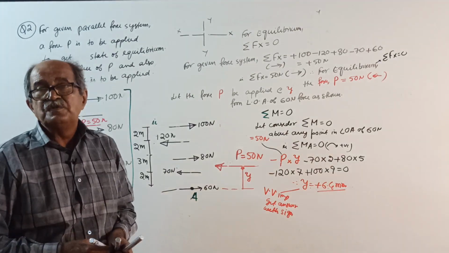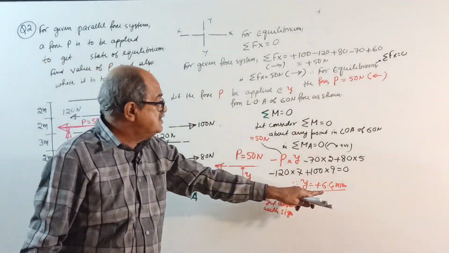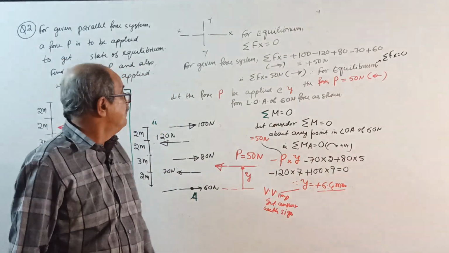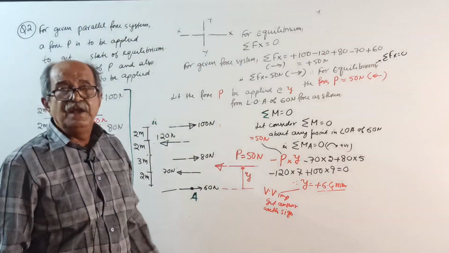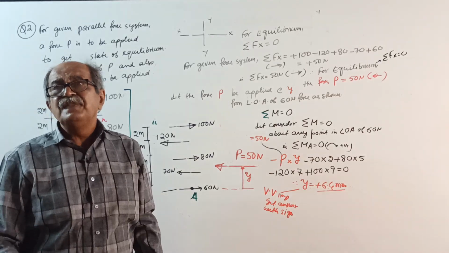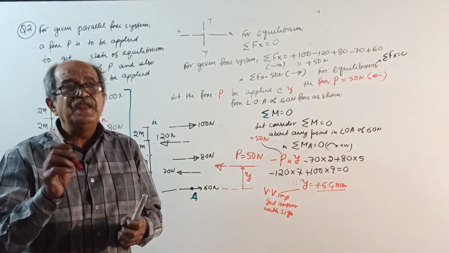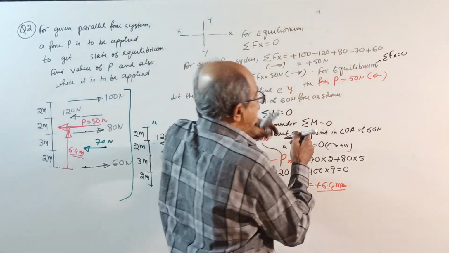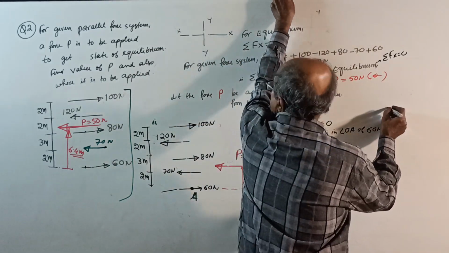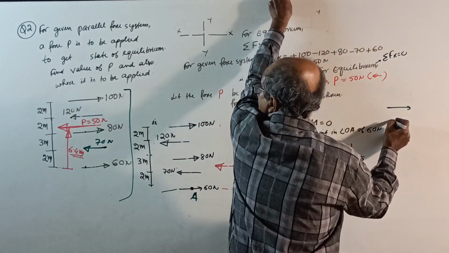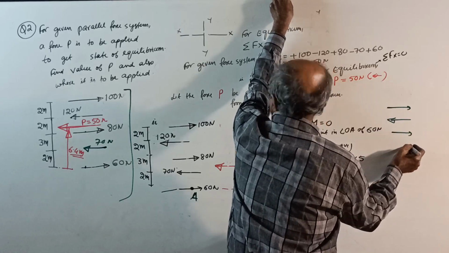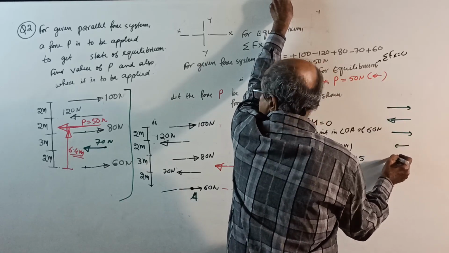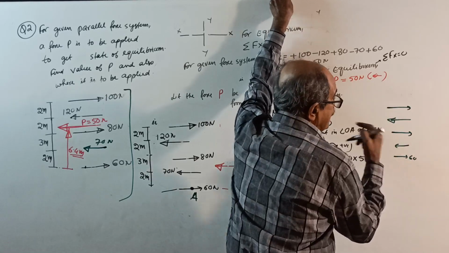Now make a note. By chance your Y comes 9 point something. It can come sometimes. For example, 9.8 it comes. Imagination. You should make a note. 70, 60, 9.8.